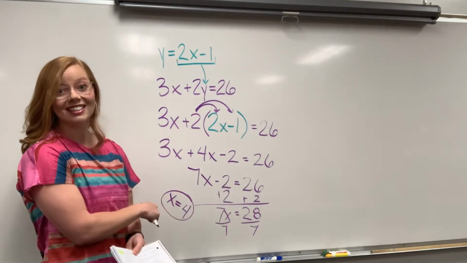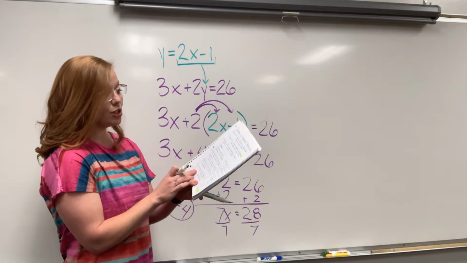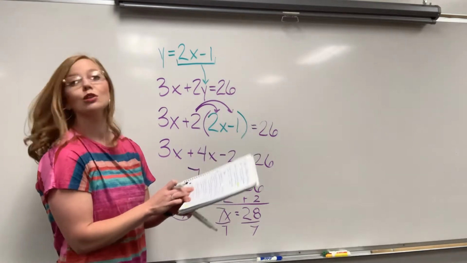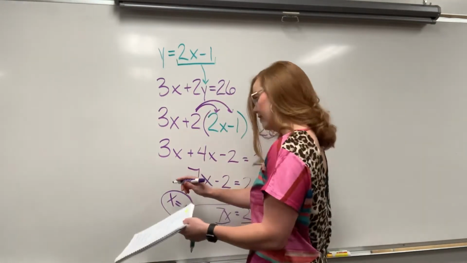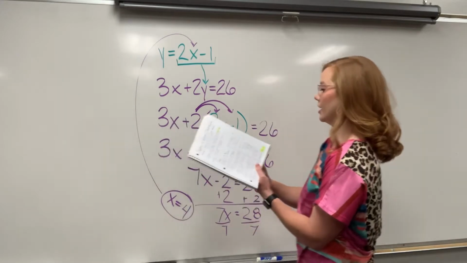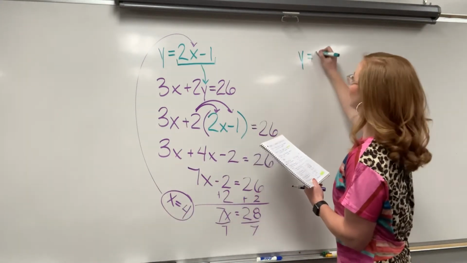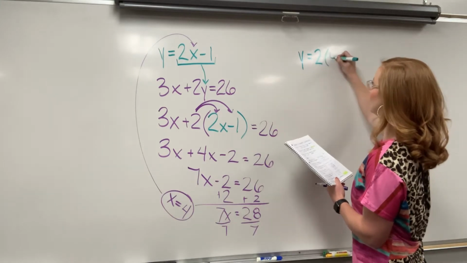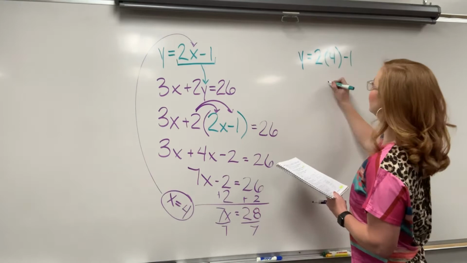I found my x. So now, step number 4 says substitute the result of step 3 into one of your original equations. So I can take what I found x to be and plug it in right up there. And I get y equals 2 times 4, because that's what x equaled, minus 1.